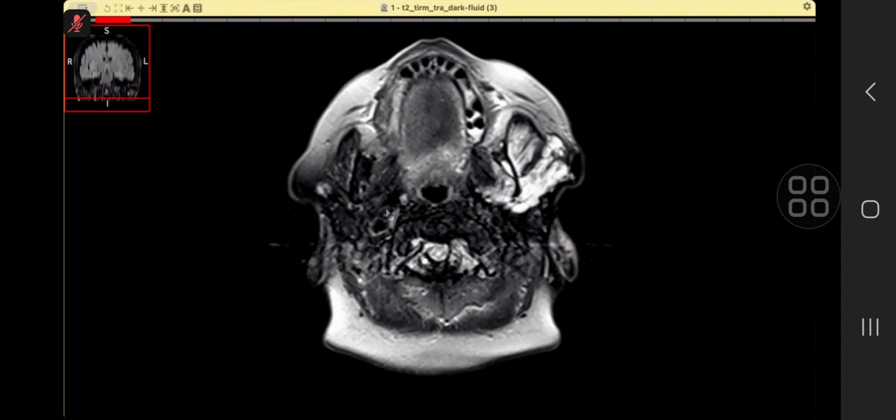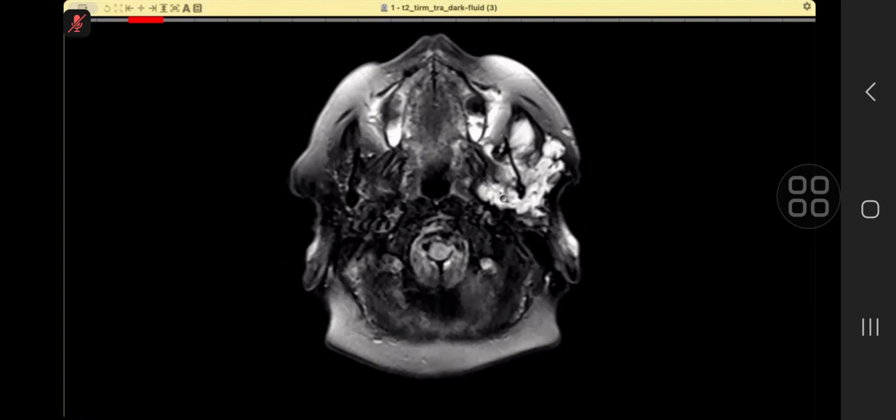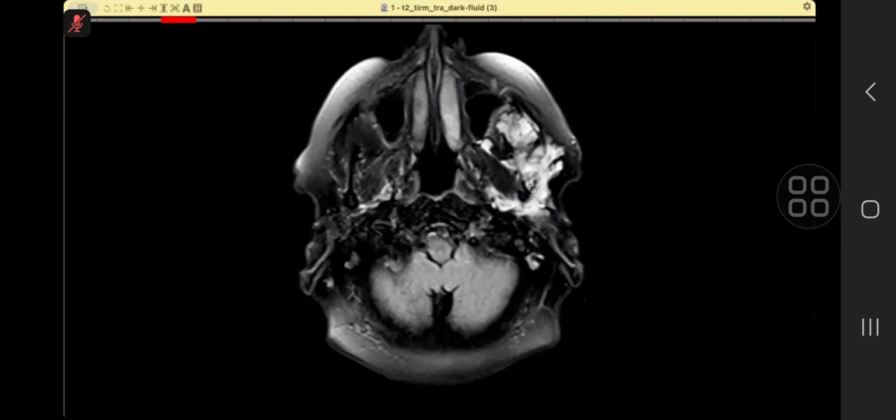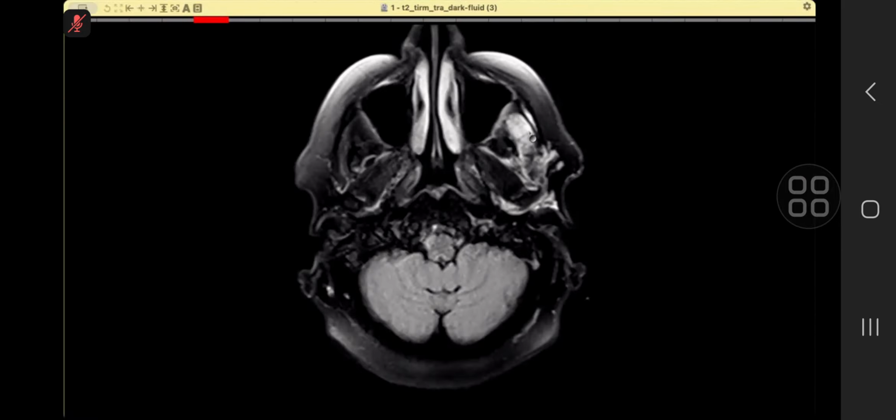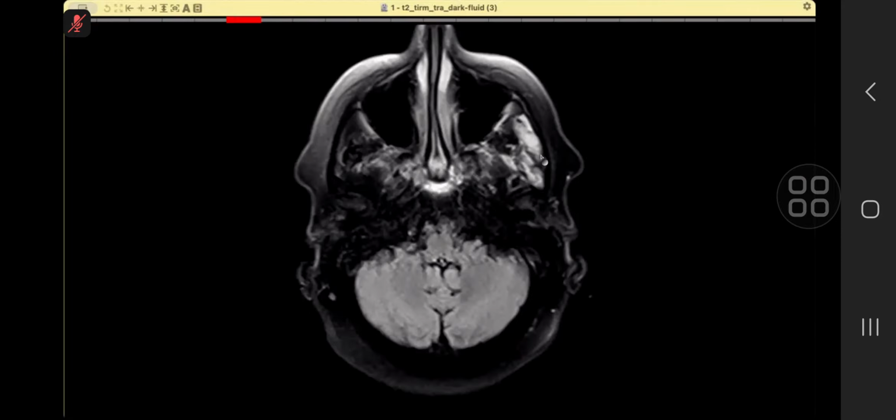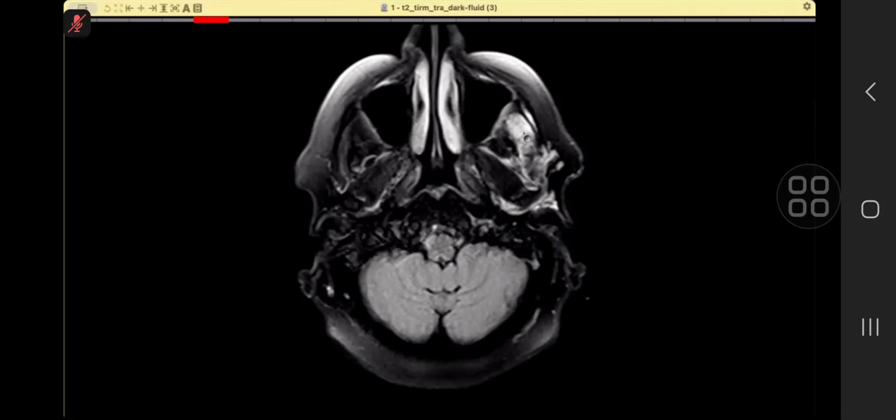The parotid gland, look at this. This is the parotid gland, which is posterior to the mandible. And this high signal goes there also. It goes into the deep lobe as well, and this is classical infratemporal fossa, the nasopharyngeal masticator space.